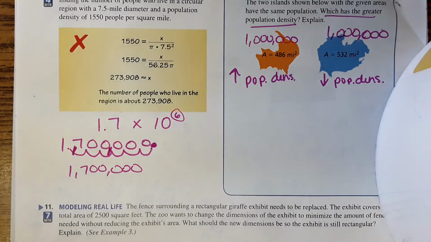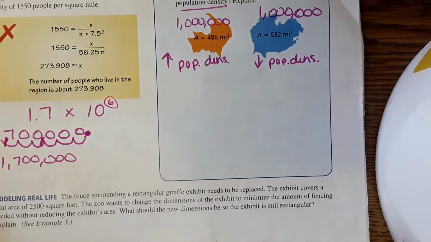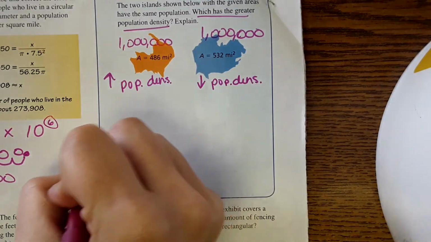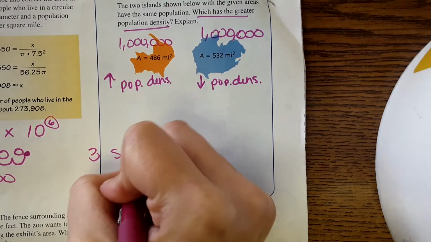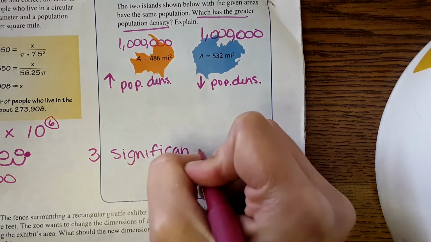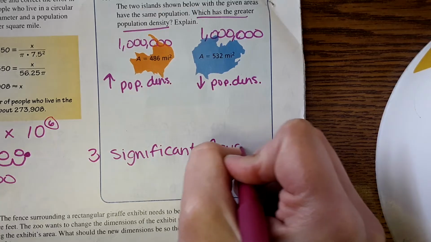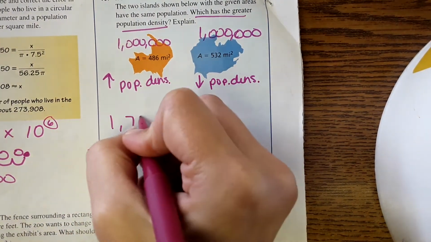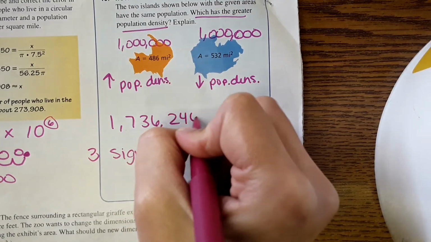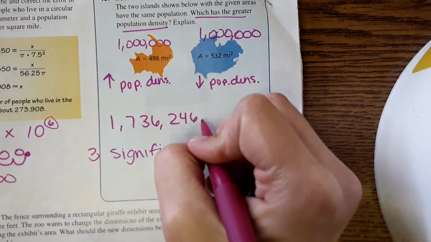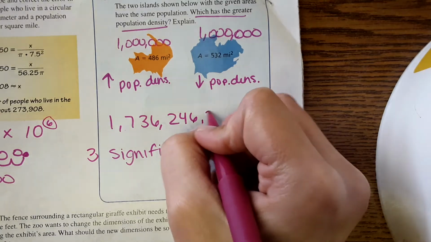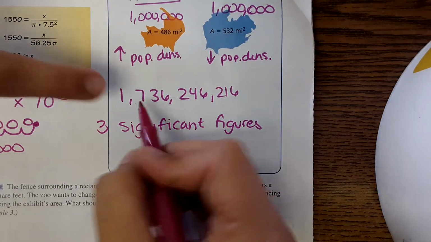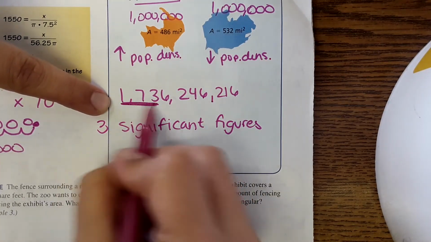Then another thing in this lesson is it tells you to write the number to 3 significant figures. Does this sound familiar? Okay, so here's what this looks like. Let's say you had a number like this. Three significant figures would be these first three numbers.